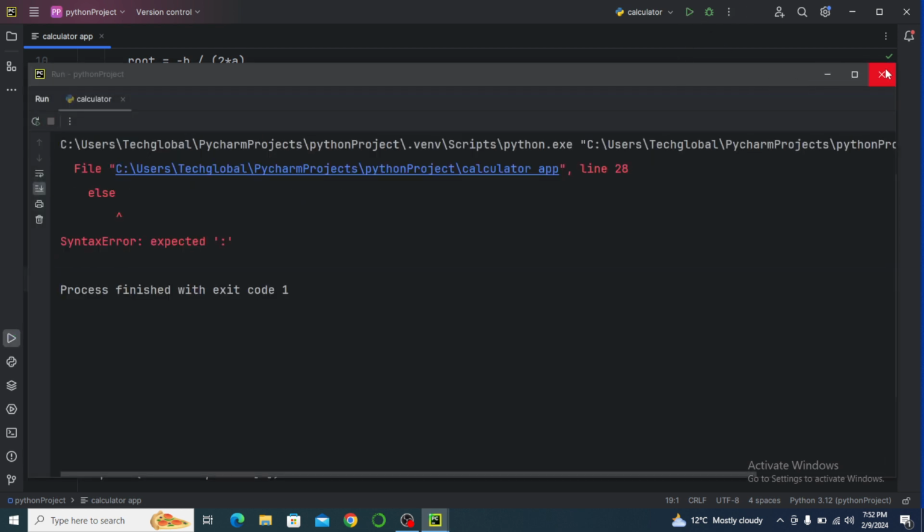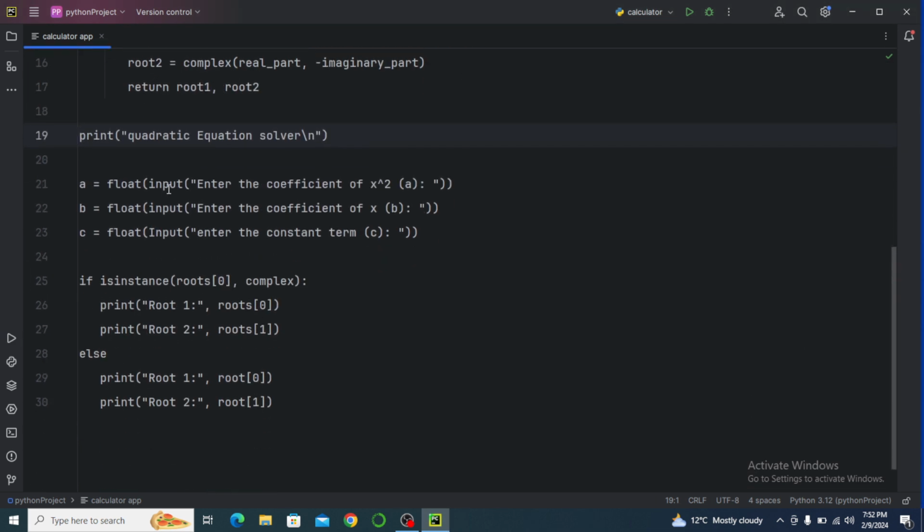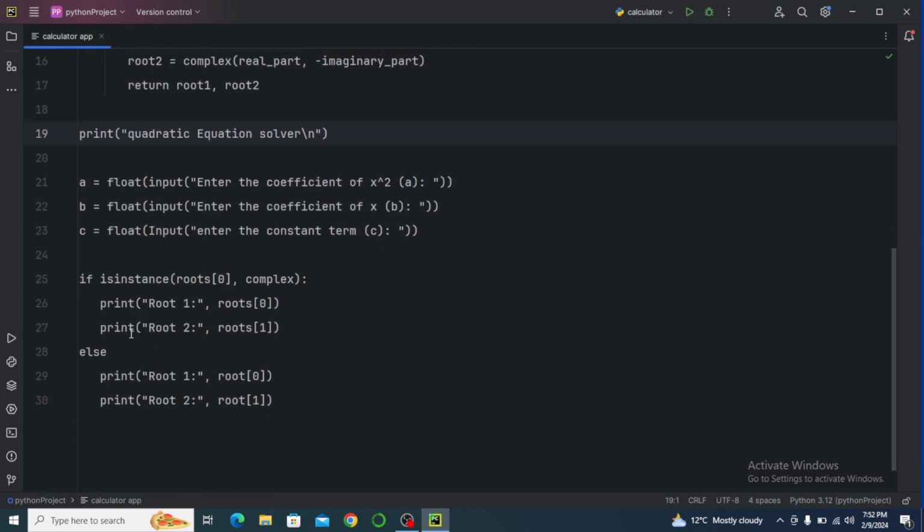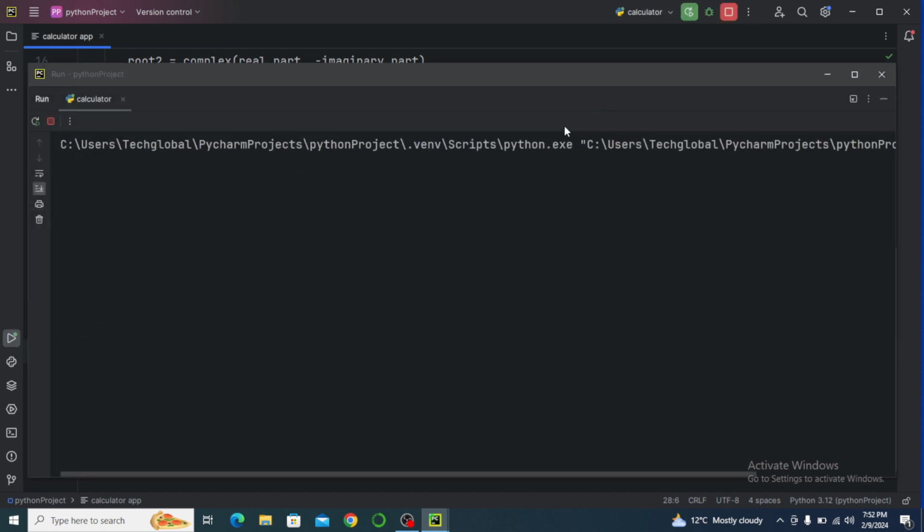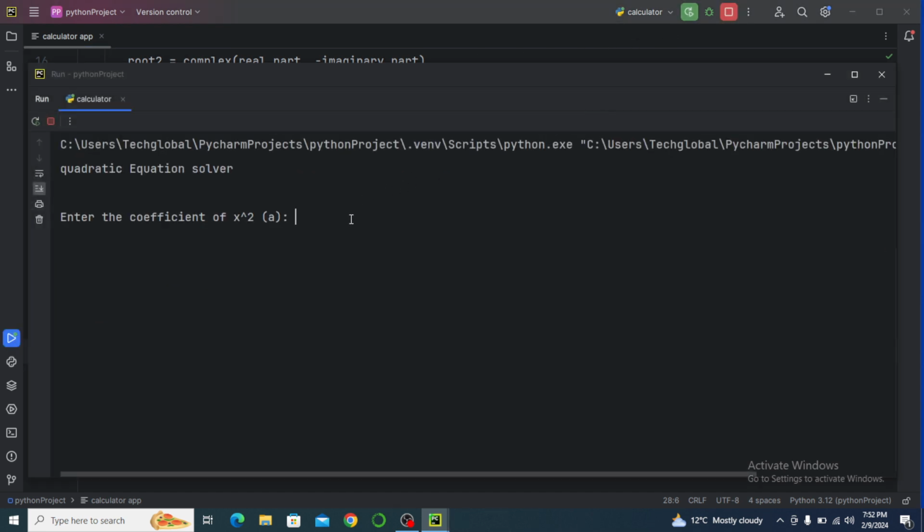Line 28, let's see what's happening. In line 28, we use else, and we didn't put the colon there. Let's try to rerun our code. Yeah, finally we are able to run our code.